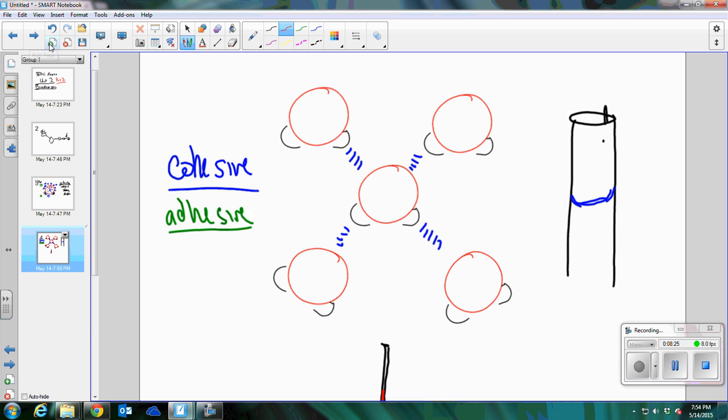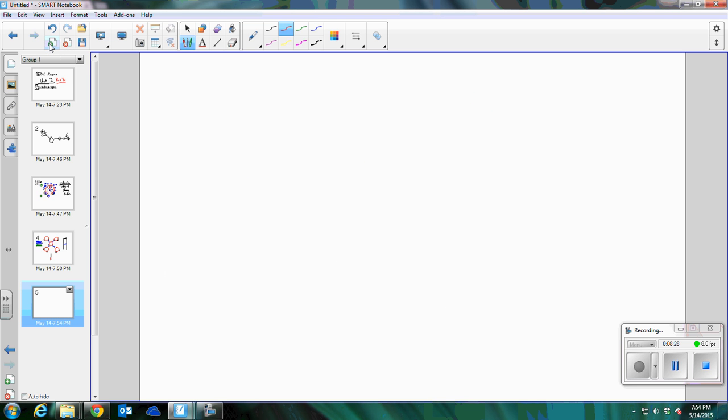Now, sometimes when we mix things together, these things are not mixed evenly, or they're not dissolving or anything like that. And so what we normally call this is something like a mixture. A mixture is just a combination between two substances that are mixed together.